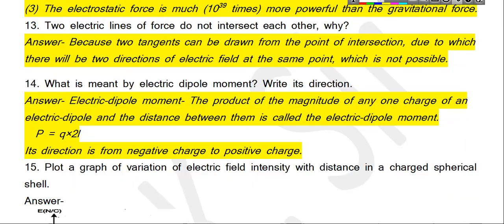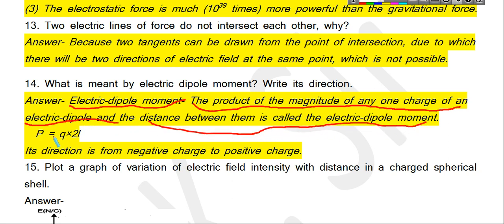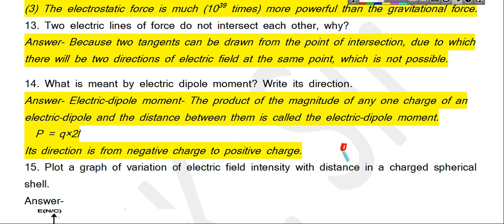Now question number 14. What is meant by electric dipole moment? Write its direction. Electric dipole moment: the product of the magnitude of any one charge of an electric dipole and the distance between them is called electric dipole moment. An electric dipole is a system of two equal and opposite charges separated by a small distance.